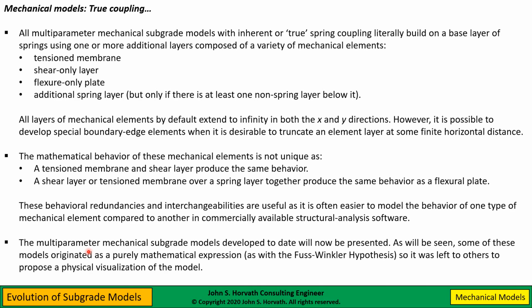I'm not going to go through a quick summary of these multi-parameter models. I certainly talk about them in much greater detail in other publications that I've had over the years. So this is just a quick overview.